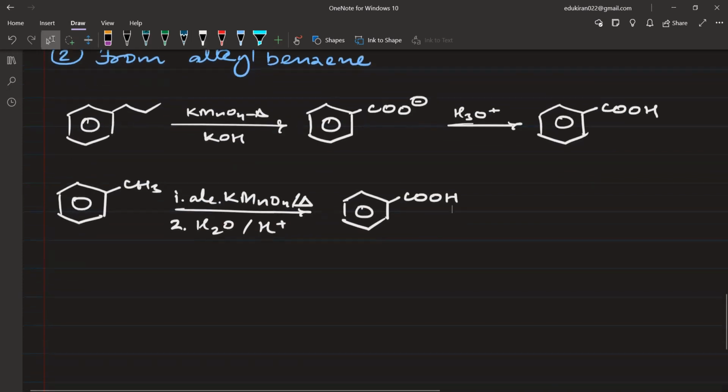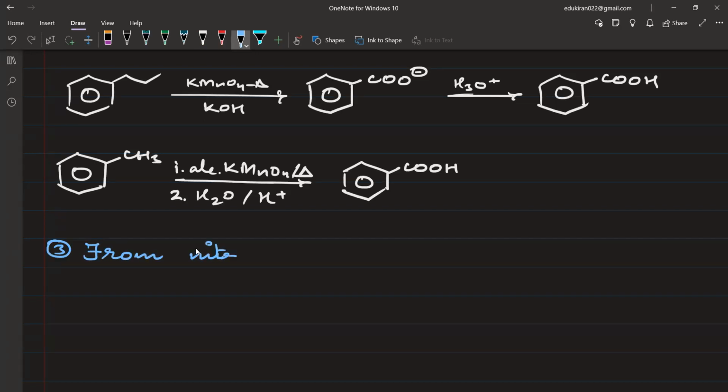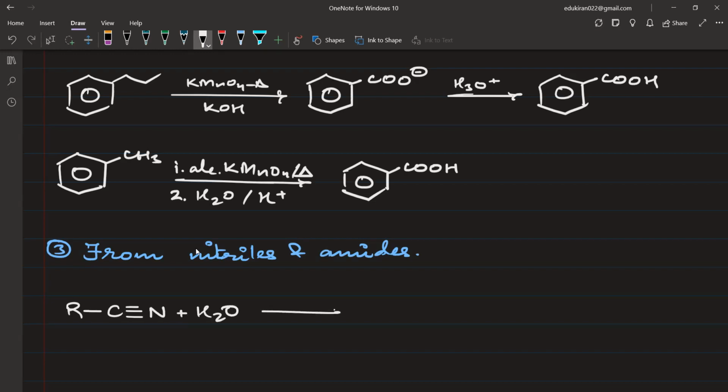After alkyl benzenes, you will write from nitriles and amides. For example, you have R, C triple bond N. If you just add water to it, in the presence of H plus or OH negative, acidic condition or basic condition, acidic hydrolysis or basic hydrolysis, you will get amide.